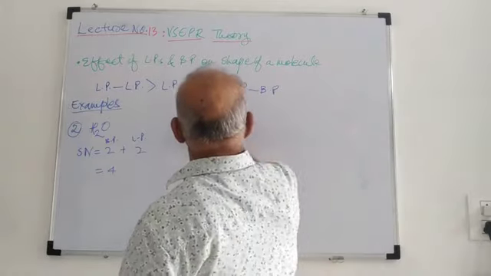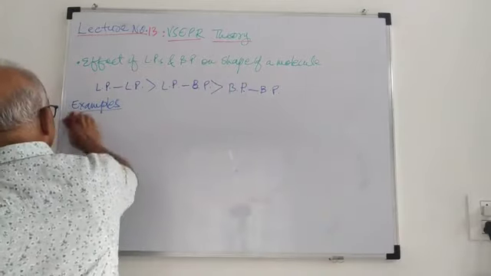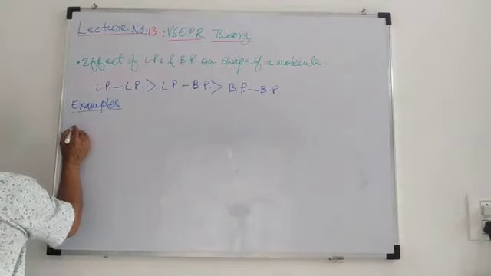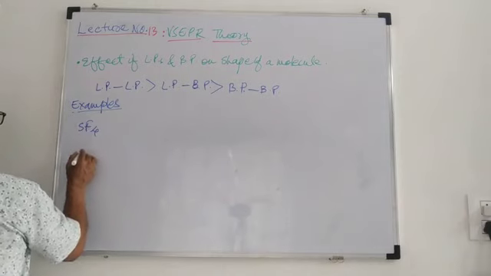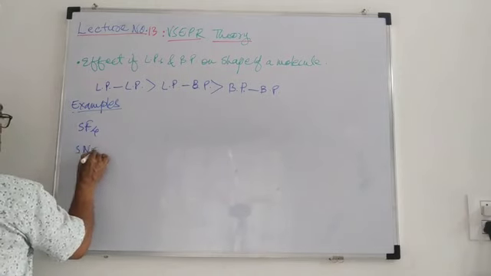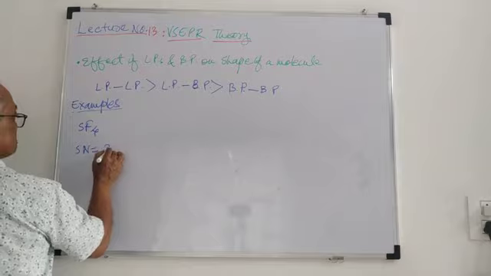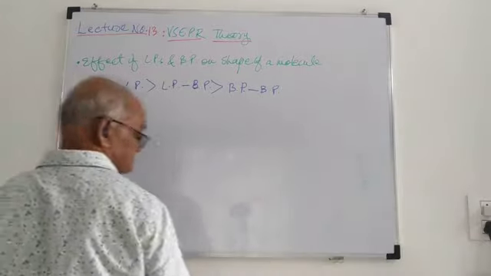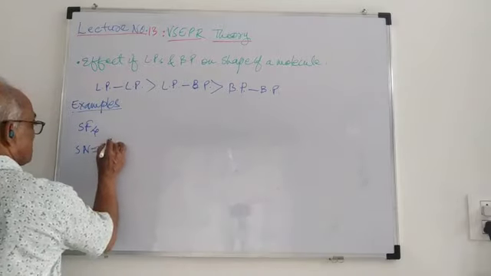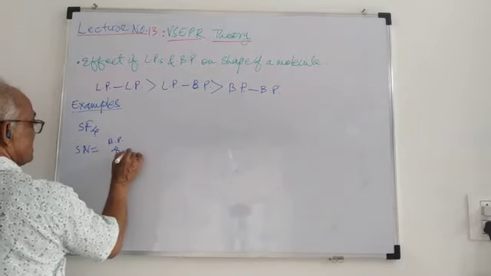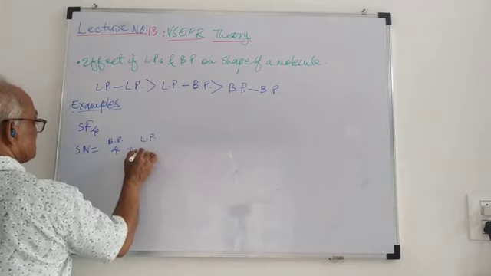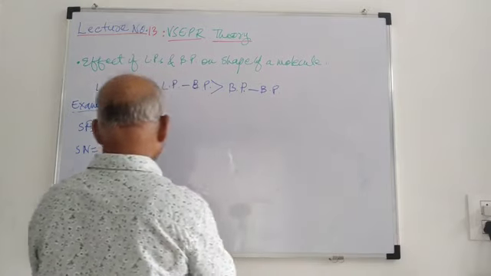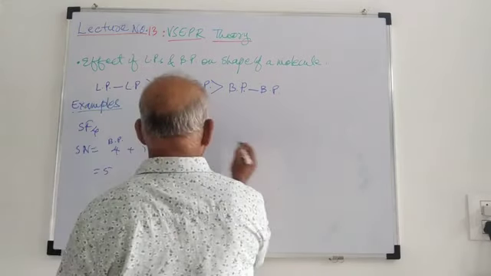Now the next example is the SF4 molecule. It has steric number 4 bond pairs plus 1 lone pair, so it gives 5, and the structure of this SF4 is like this.